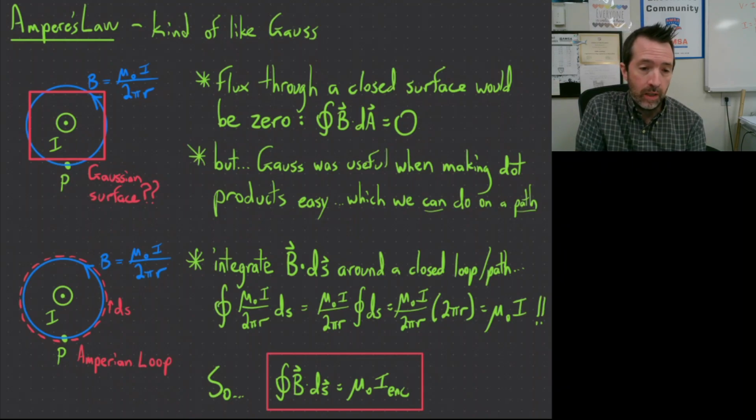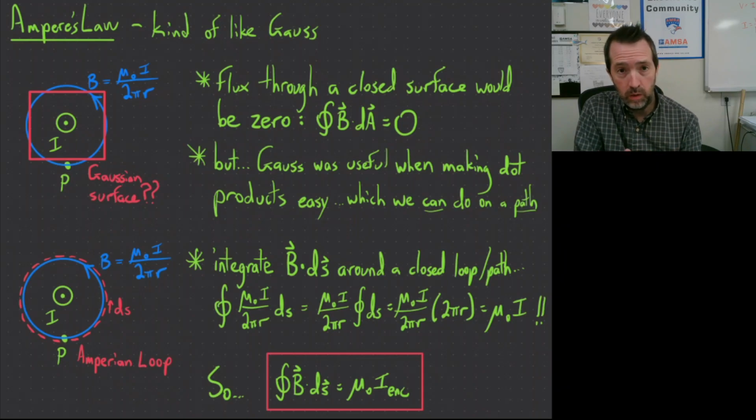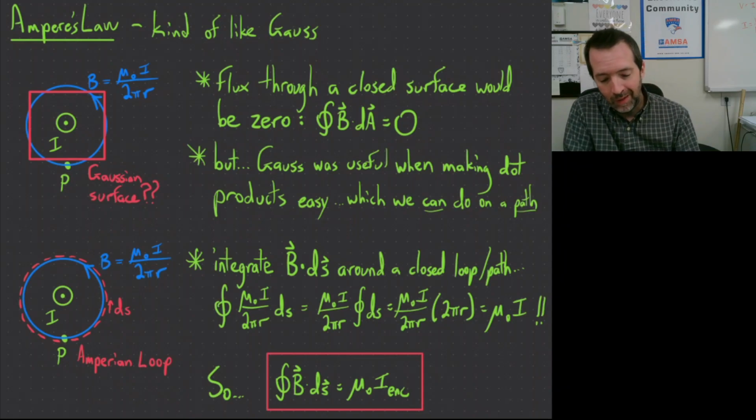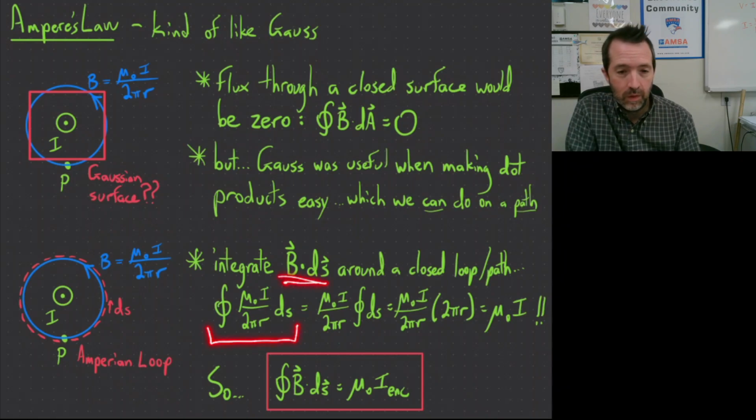And so on any given step, the dot product of B and ds is just the magnitude of B, which I already know, times ds. So I have the steps for that written out starting here. Again, I'm integrating B dot ds around the whole circular path.